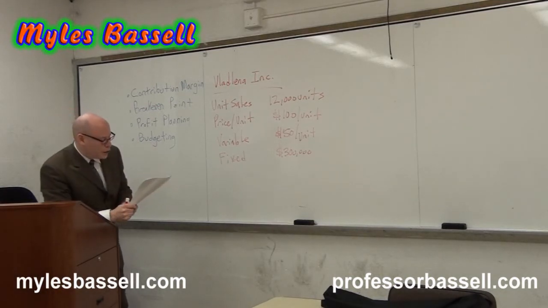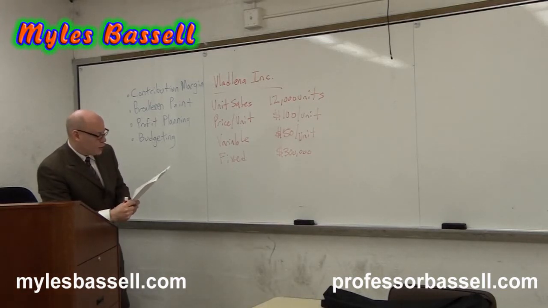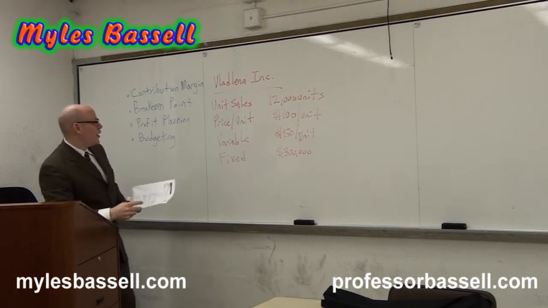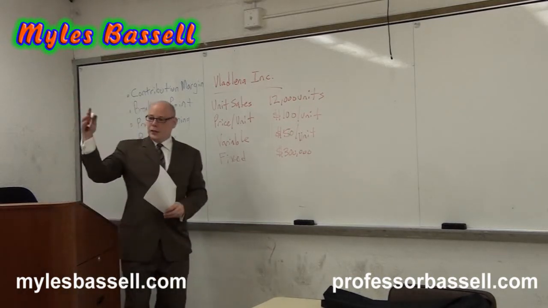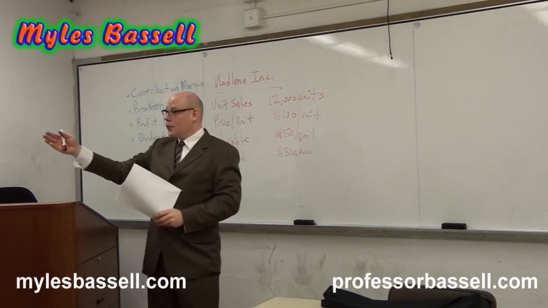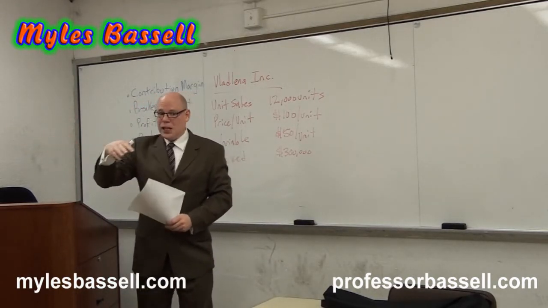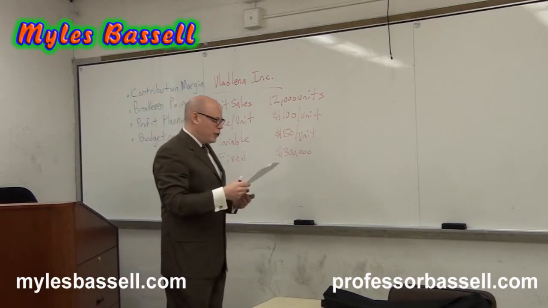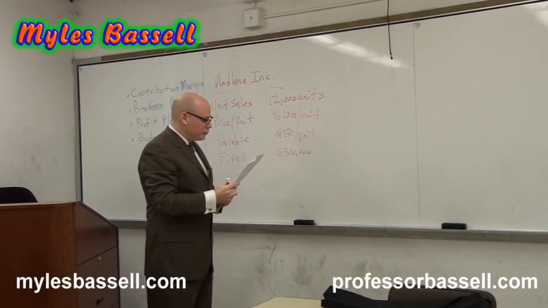This is the information that we have. We still need to calculate the contribution margin. So what we need to do is calculate the contribution margin and the net income. We're going to set up, just like we had before, the contribution format income statement. But this is a different application of the same concept.